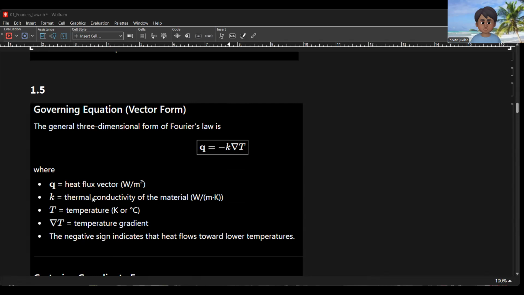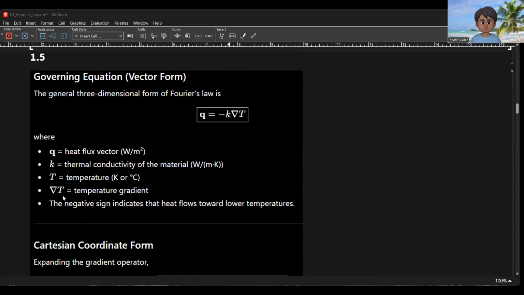Then we have the small letter k, the thermal conductivity of the material, in watts per meter Kelvin. And we have the capital letter T, the temperature in Kelvin or degrees Celsius. And we have del T here, the temperature gradient. The negative sign indicates that heat flows towards lower temperature.